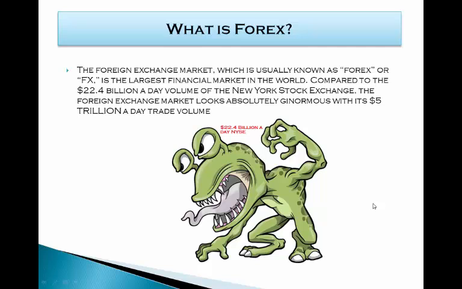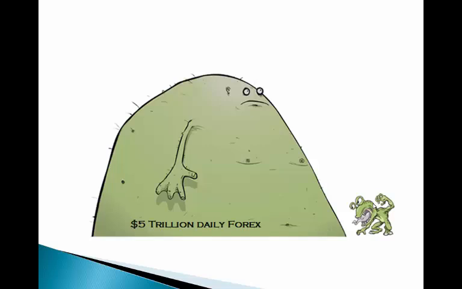If you look at this little green monster, it represents the New York stock market, which has a daily volume of 22.4 billion. Now, if you take a look at the forex, what does the monster look like? It looks something like this. Can you see that on the left?